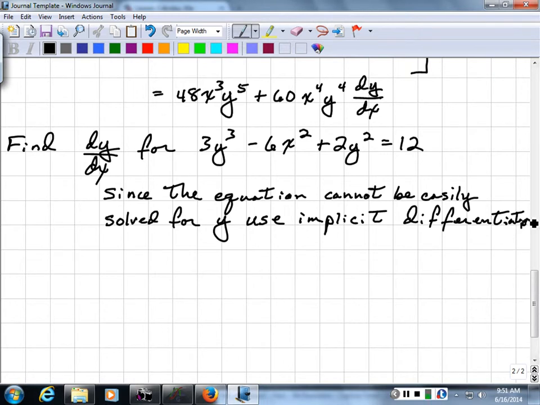Okay. Now, each one of those terms you need to find a derivative of.